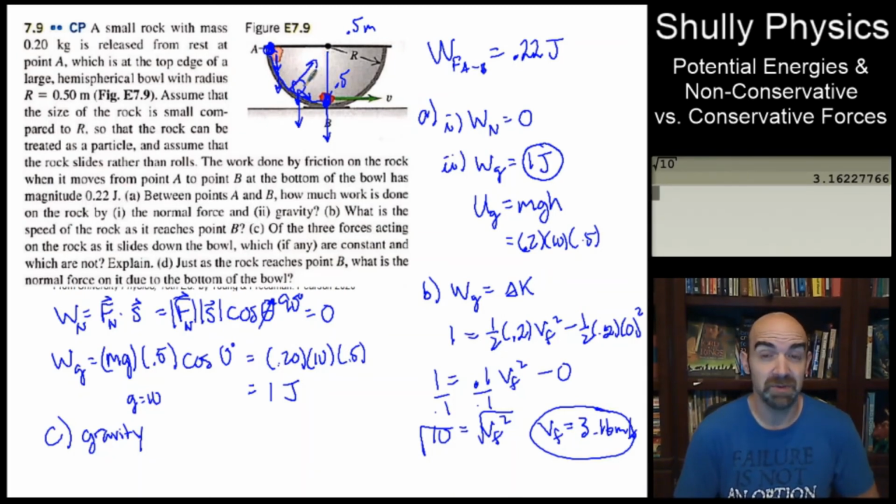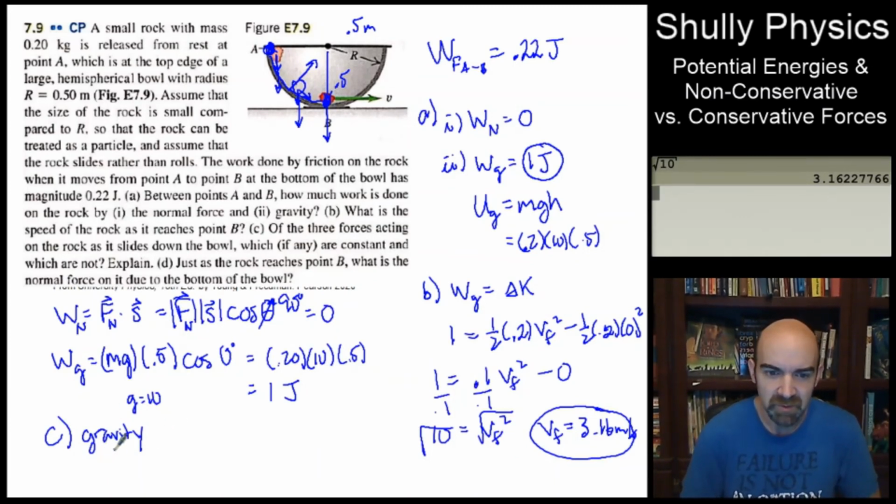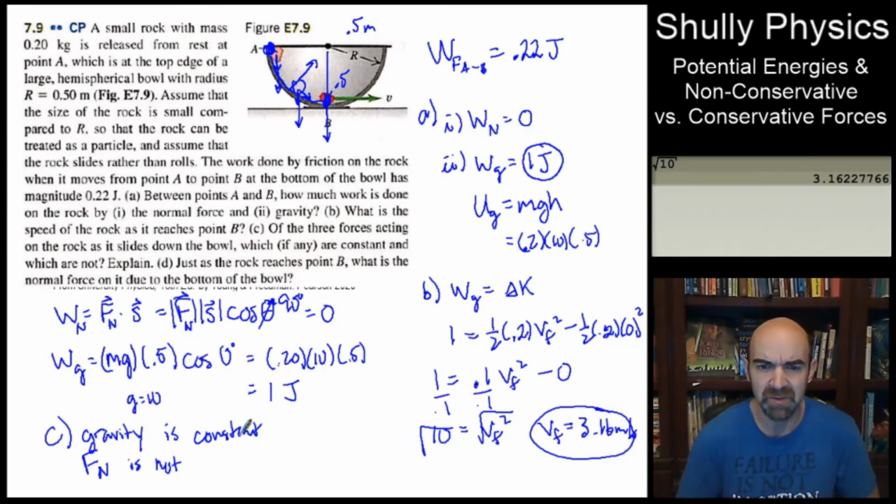So it's going to be applying a centripetal force to that rock because it's changing the rock's direction as the rock speeds up. So normal force is definitely not a constant force. So gravity is constant. Normal force is not.